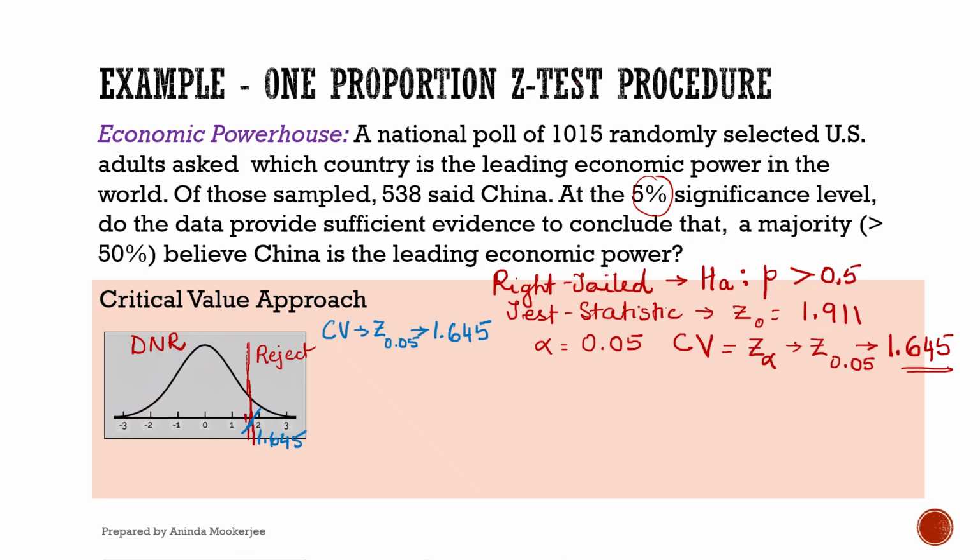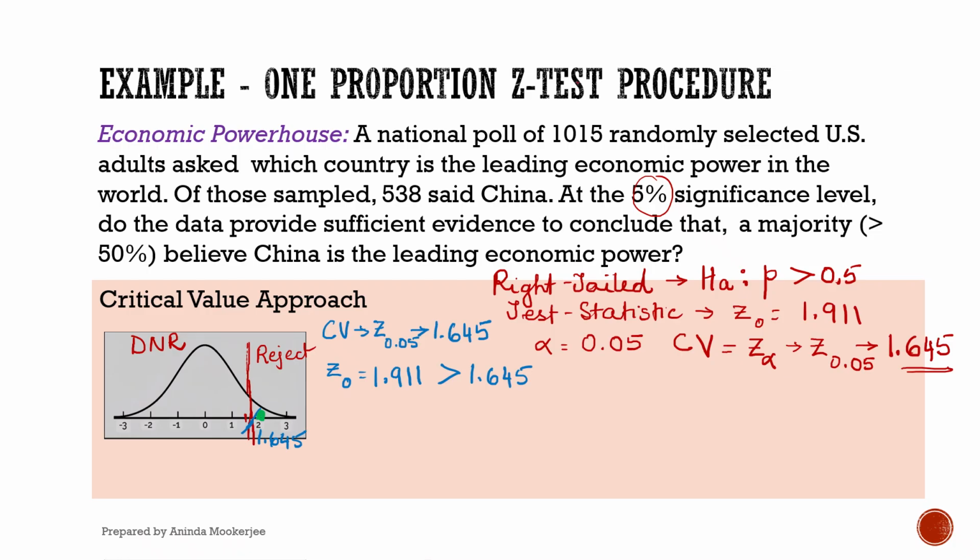So I'm going to write here, Z sub 0, which is the test statistic value, is 1.911, and that is greater than 1.645. In a right tail test, that is going to fall somewhere to the right of 1.645, somewhere here probably, a little bit to the left of 2.